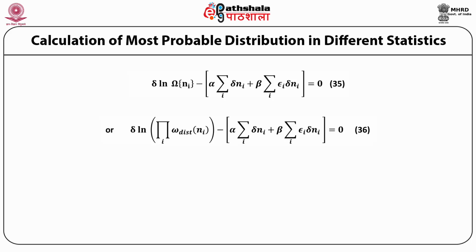That is, delta of summation over i log of omega distribution over ni minus alpha delta ni plus beta epsilon i delta ni is equal to 0.